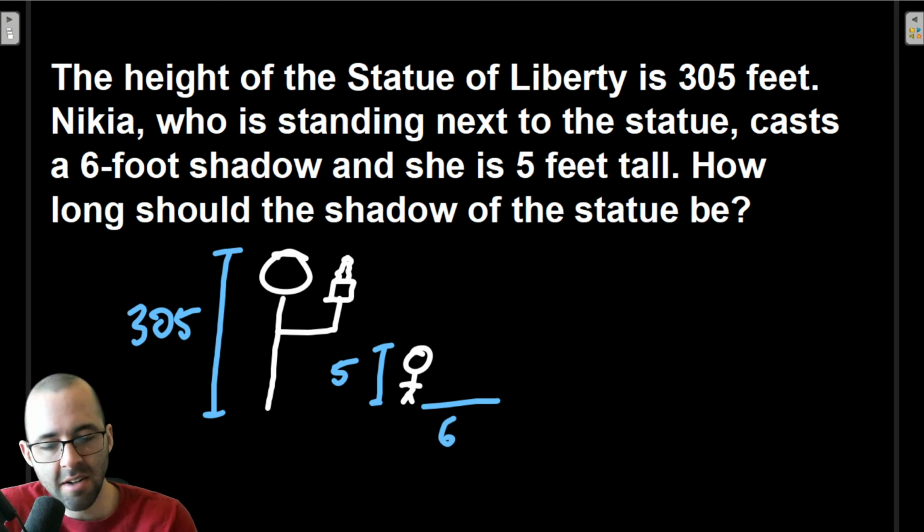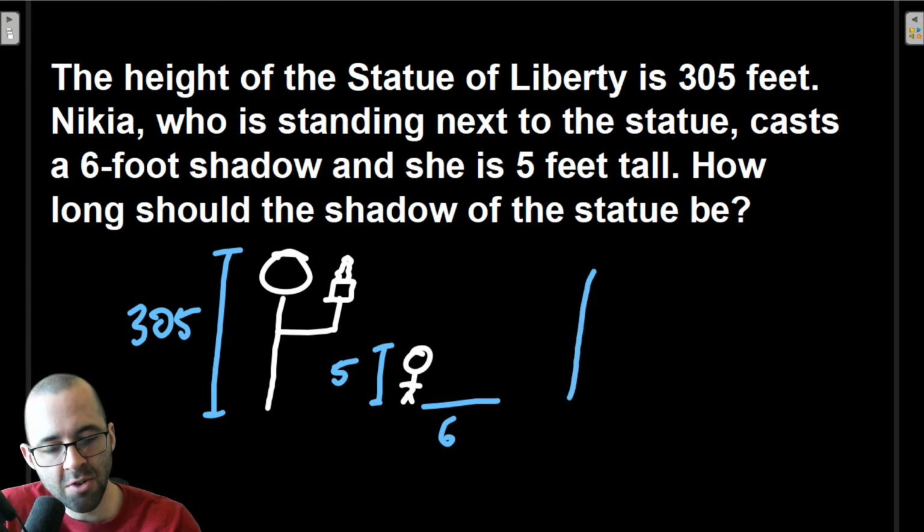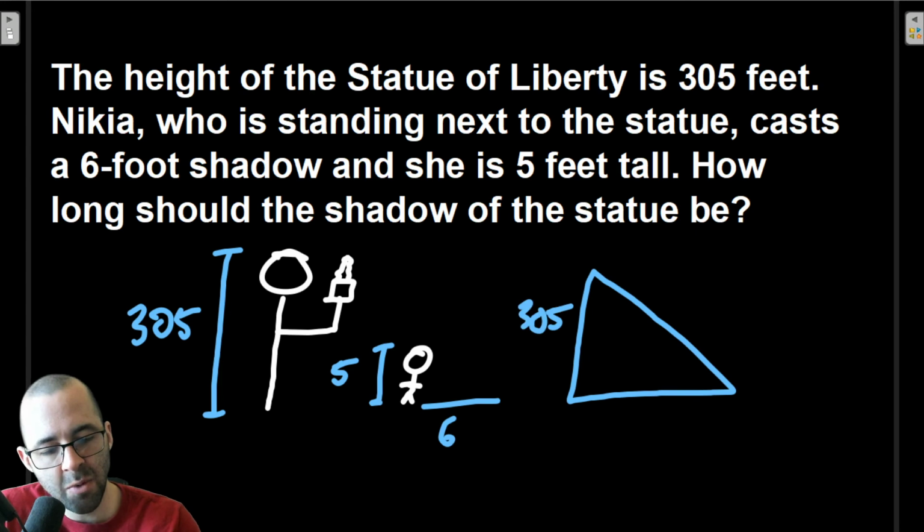So it's not immediately clear what the similar triangles are. But really what's happening is we have a similar, all right, we don't have room to write it here. But essentially, we have the big triangle, that's the statue. It's 305 feet tall, and we're curious about how long the shadow is. We have the little triangle. She is 5 feet tall, and her shadow is 6.